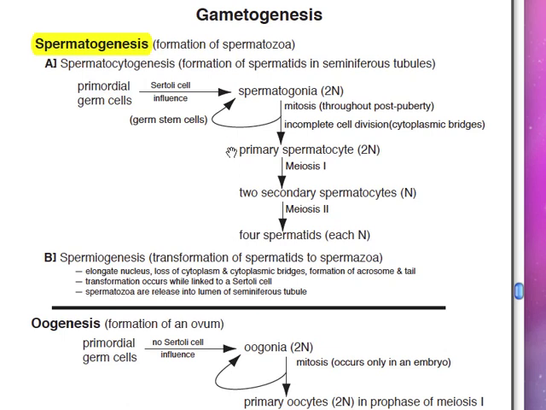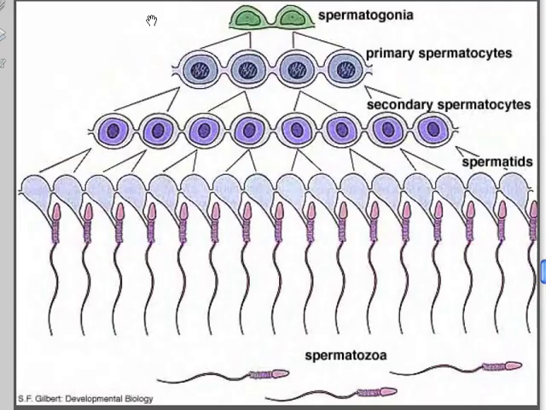Following the formation of spermatids, there is a morphological transformation to spermatozoa, and so they have to change their shape and develop tails. This cartoon illustrates the spermatogenesis that is ongoing in the mature male.